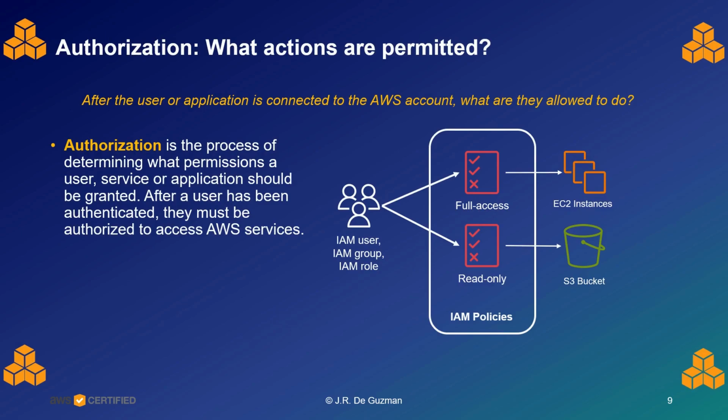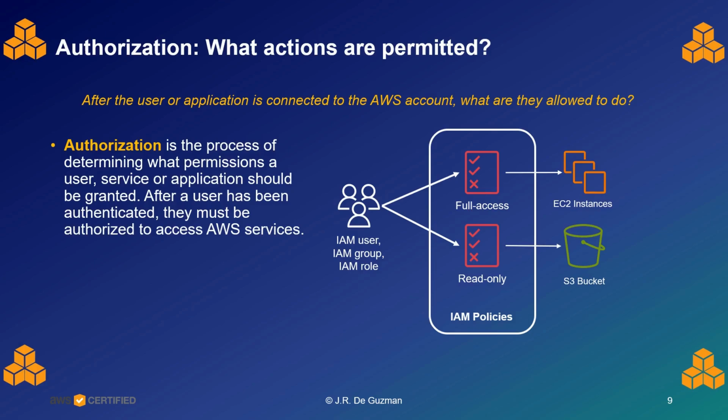Next, authorization is the process of determining what permissions a user, service, or application should be granted. After a user has been authenticated, they must be authorized to access the AWS services. By default, IAM users do not have permissions to access any resources or data in an AWS account.